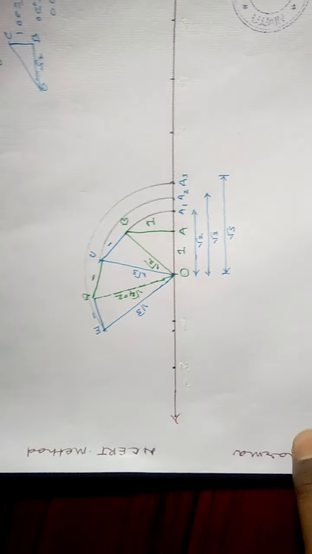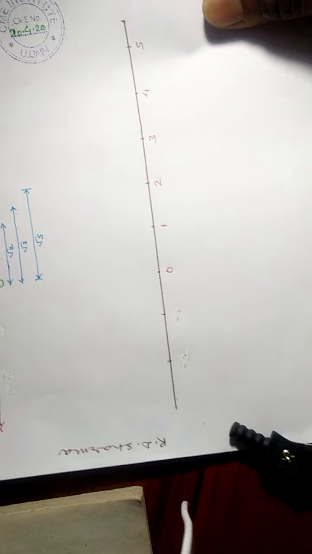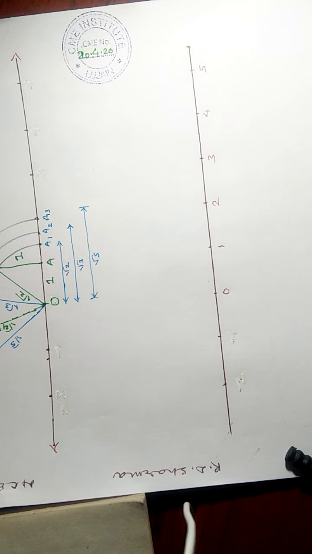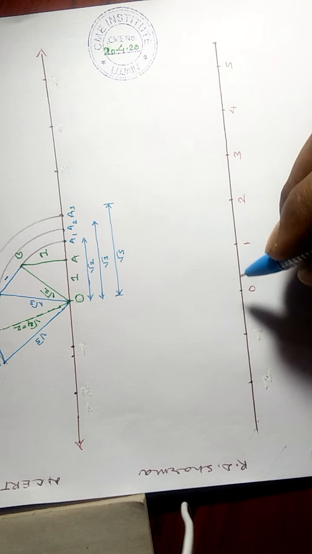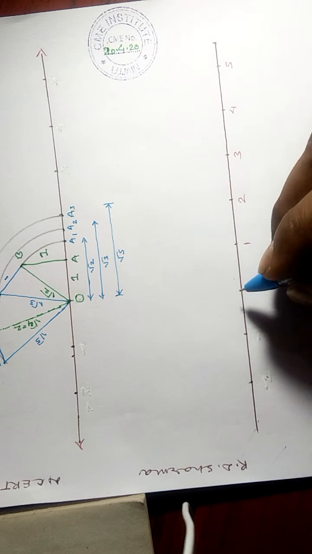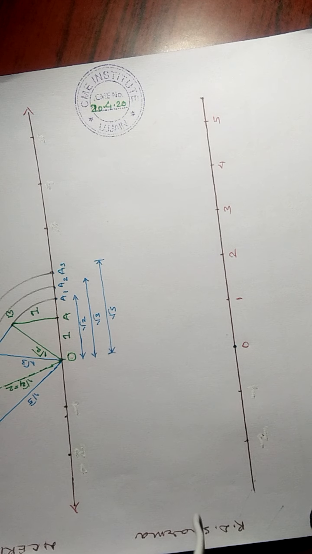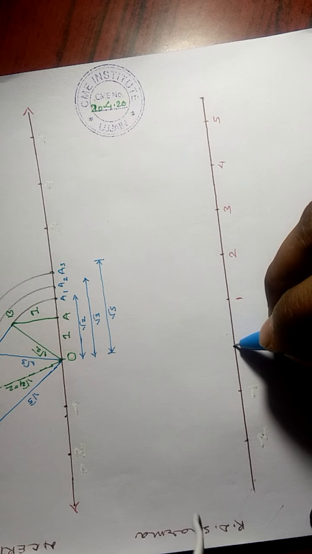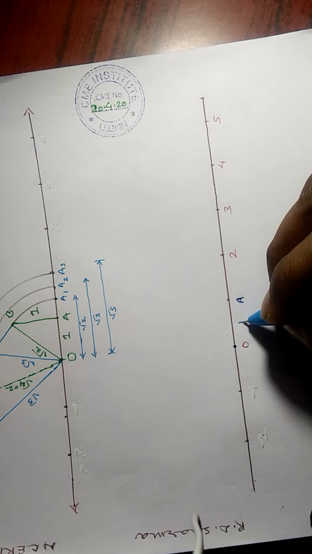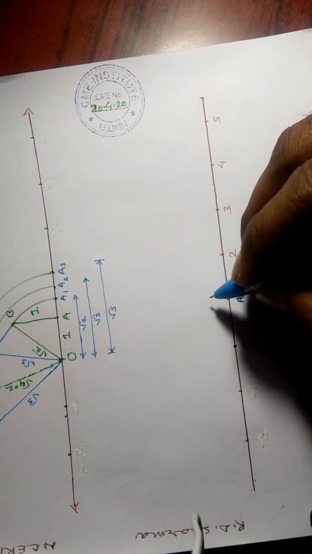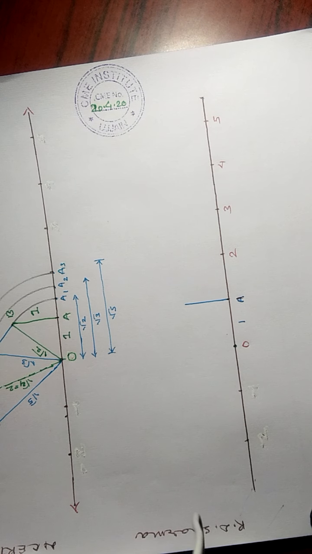But in R.D. Sharma, what is the other way to draw the same thing? Here, just take a point O and consider another point A, with OA equal to 1 unit, and now draw 1 unit here which is perpendicular to this number line.